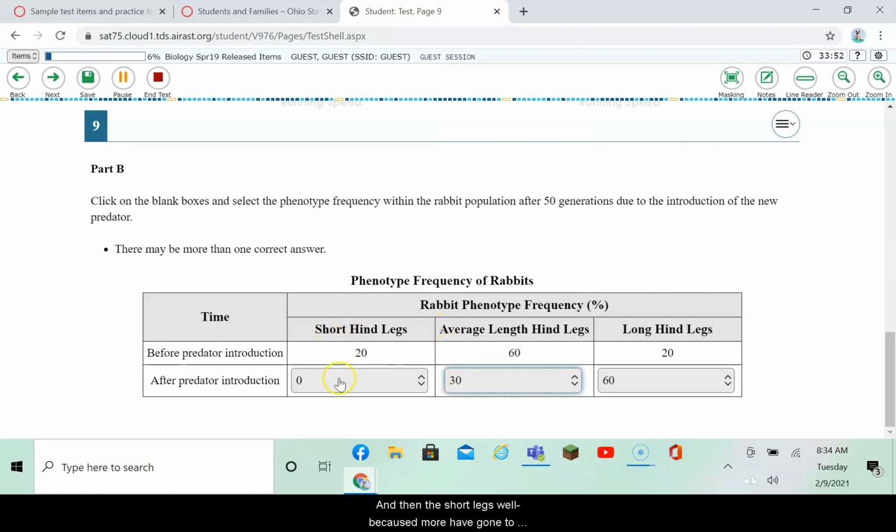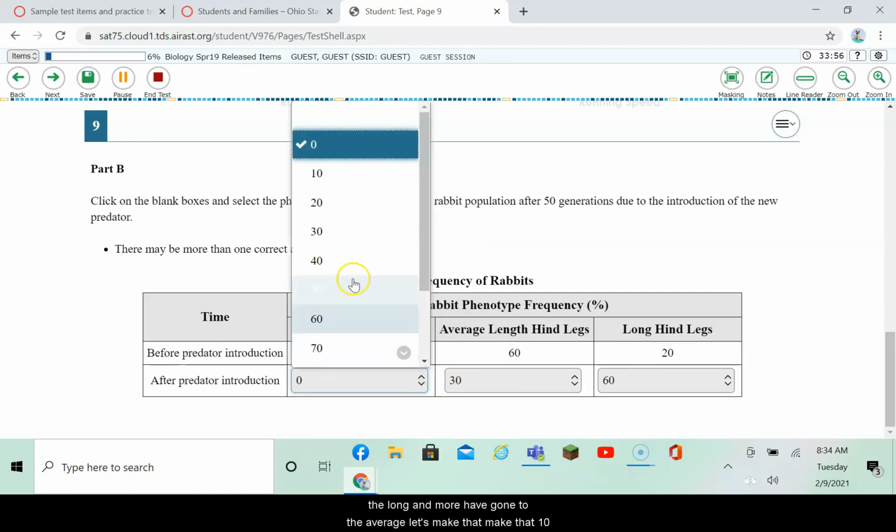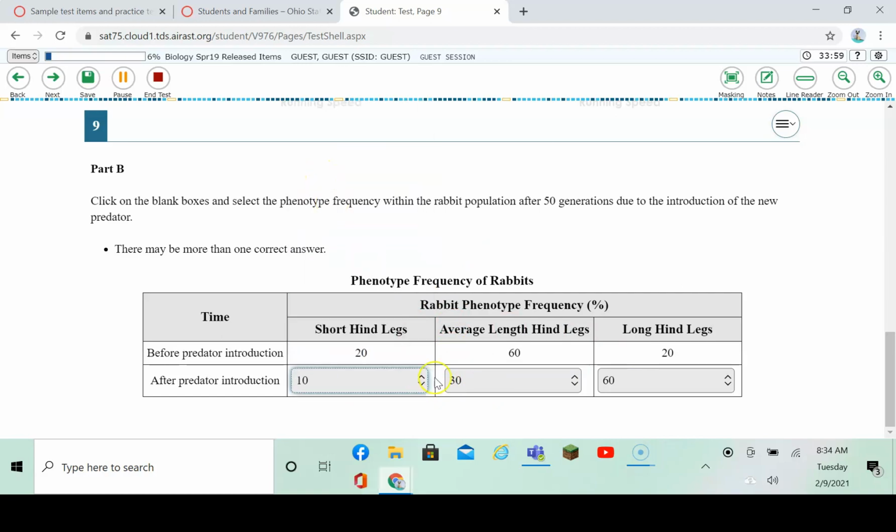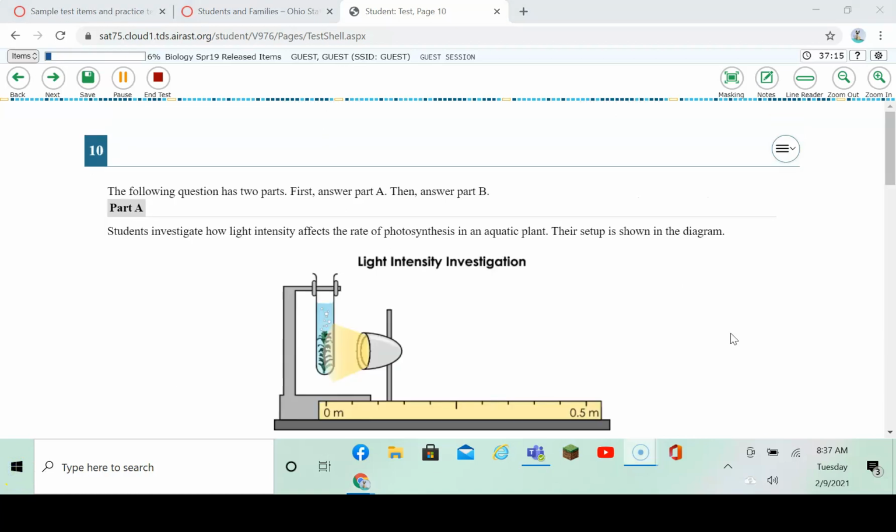And then the short legs, well, because more has gone to the long and more have gone to the average, let's make that 10. Now, we got to make sure we come up with 100%. So 60, 30%, and 10%, that's 100%. So that ends our attempt at question number 9, and we're able to move on.